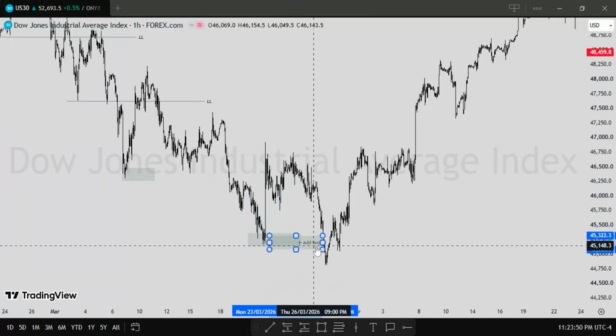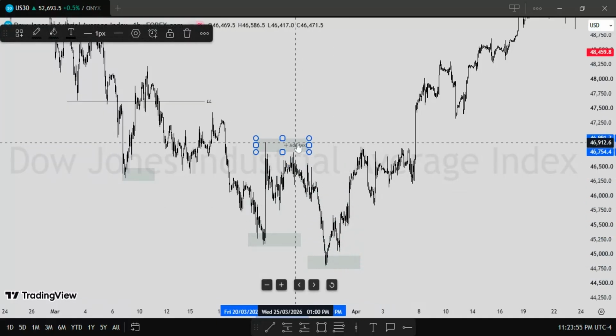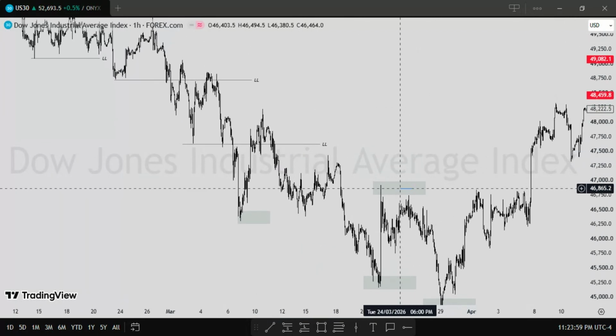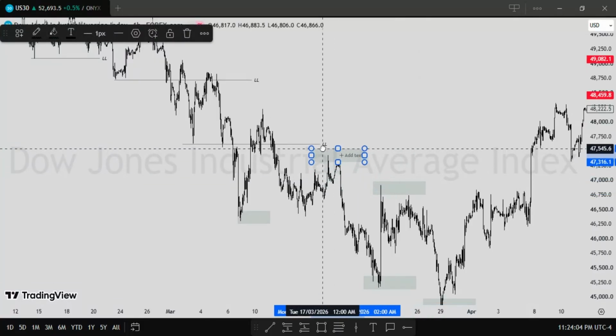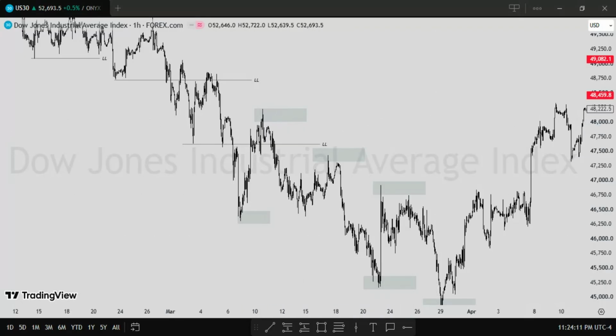This is a swing low. This is a swing high. This is a swing high. This also is a swing high. In order not to take much time on that, in the videos to come you're going to have full understanding about break of structure.